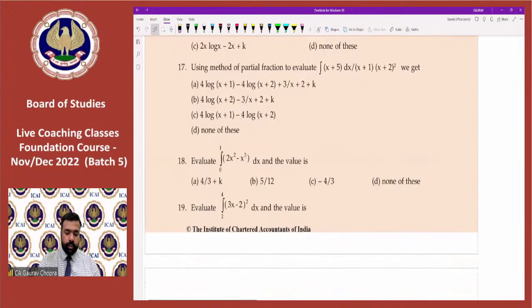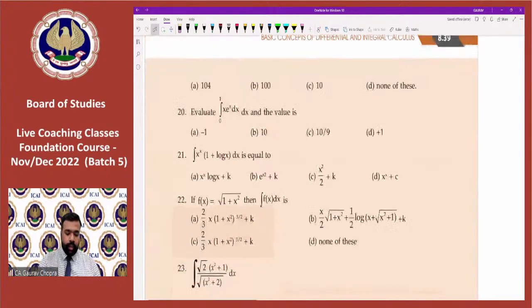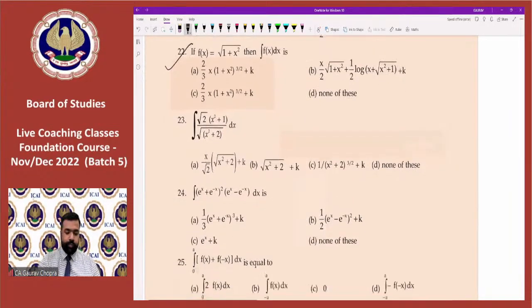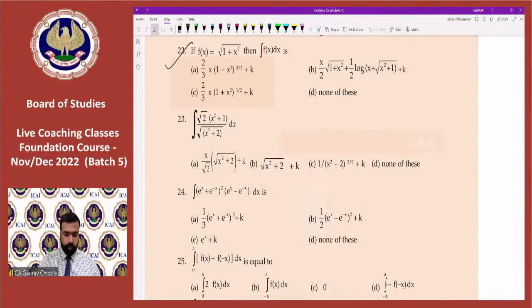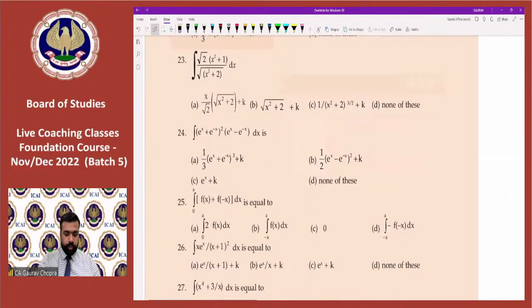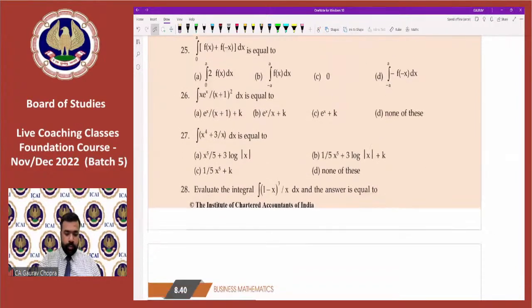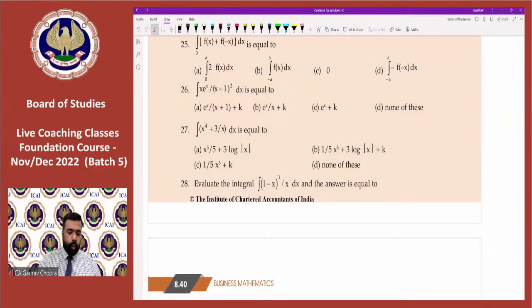Then definite. 22 you can try. Then the next one, 27 can be done.